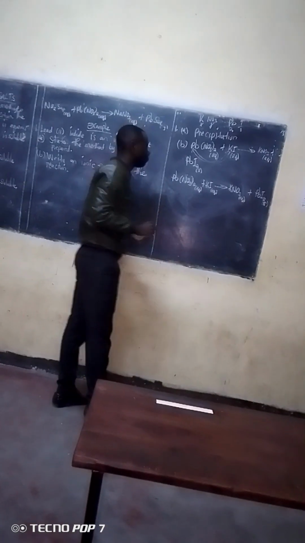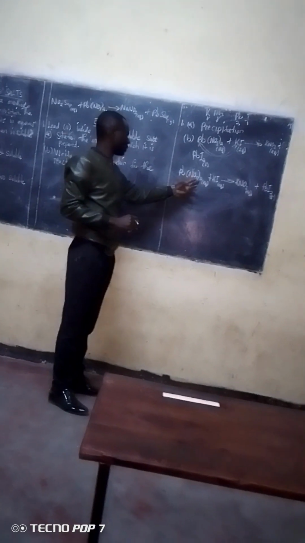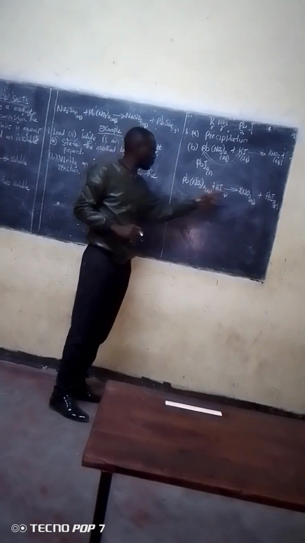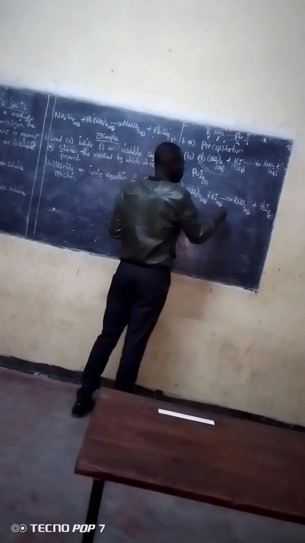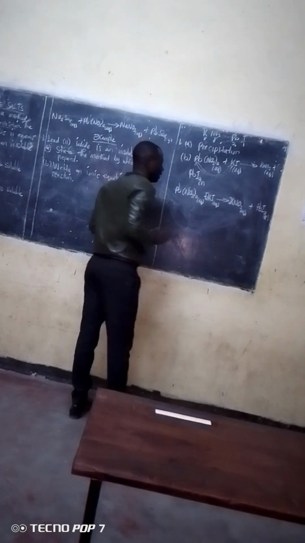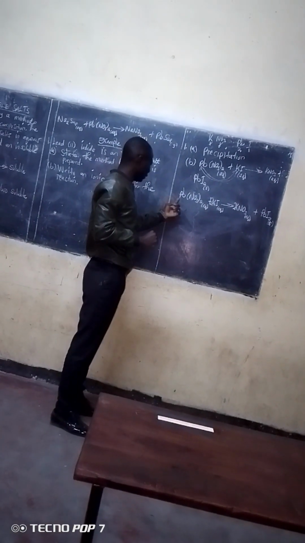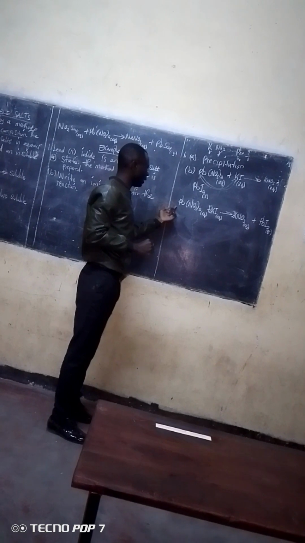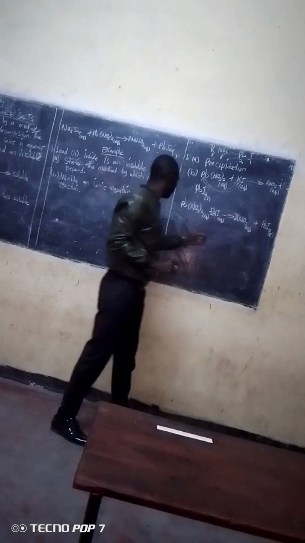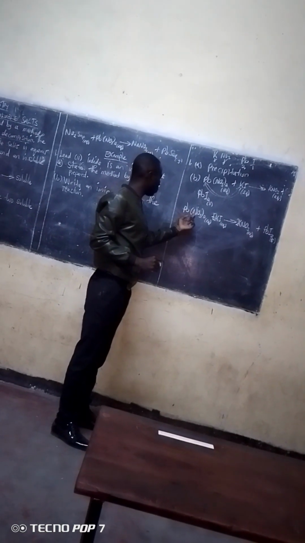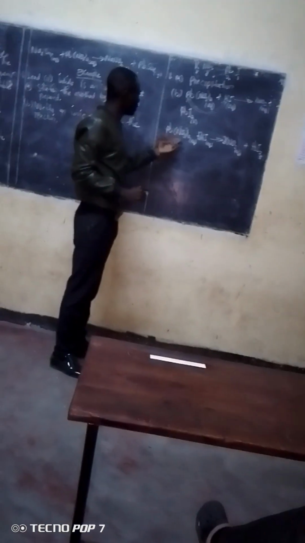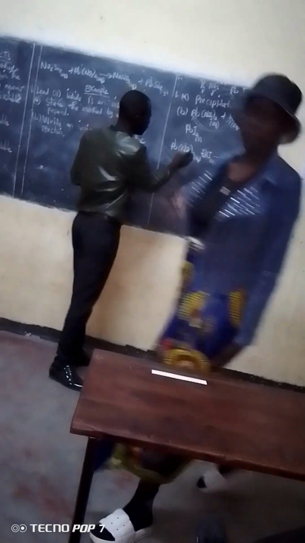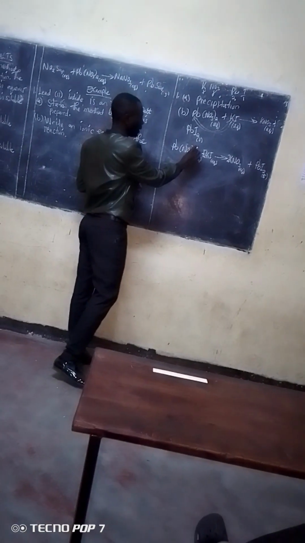Now, let's try to balance this equation. Here, we have 6 atoms of oxygen, and here we have 3 atoms of oxygen. What if we try to put in 2 here and here? Is the equation balanced? 1 atom of lead this side, 1 atom of lead this side. Nitrogen here, we have 2 atoms. This 2 which is in front of the brackets, it means that this number inside the bracket is multiplied by this 1.